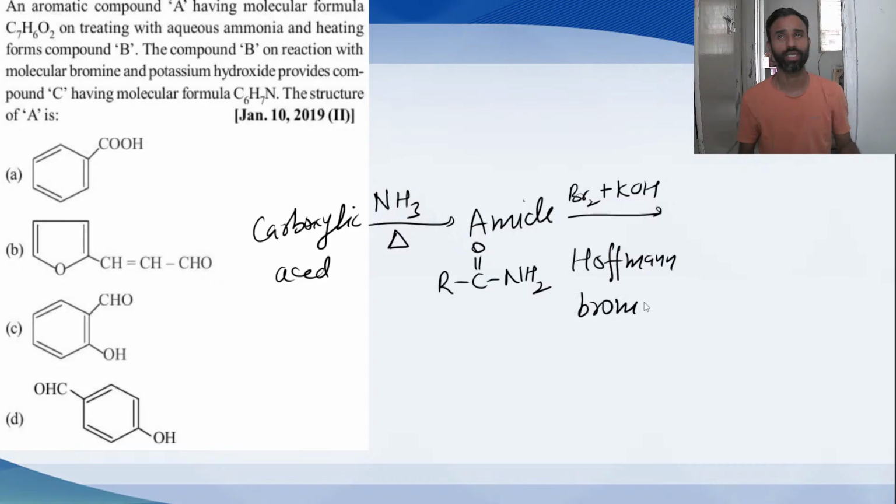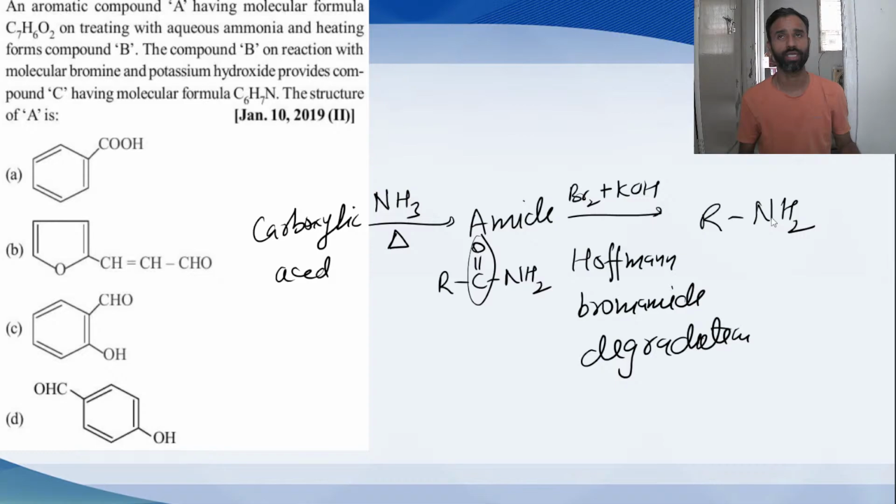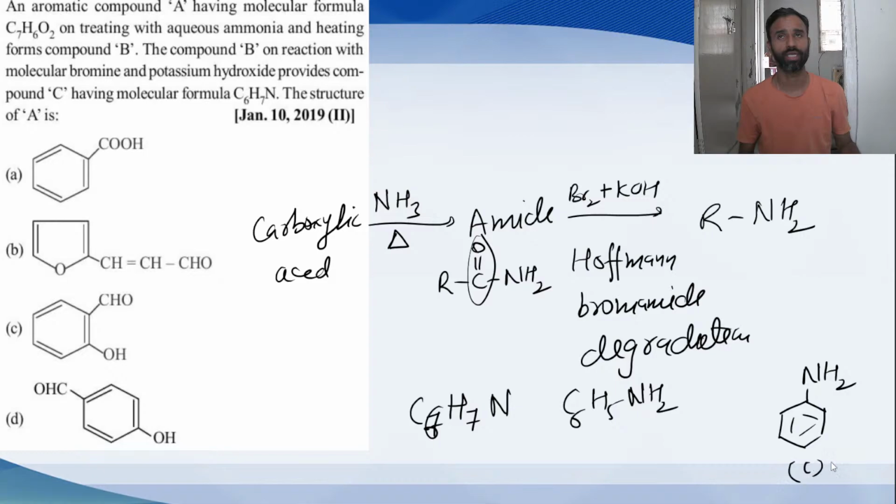Hofmann bromamide degradation. In this case, what happens? CO is removed. Degradation takes place. One carbon is removed. We get C6H7N. Now see, C6H7N. That means C6H5NH2 is aniline. So that means we have aniline as the last product. C is aniline.